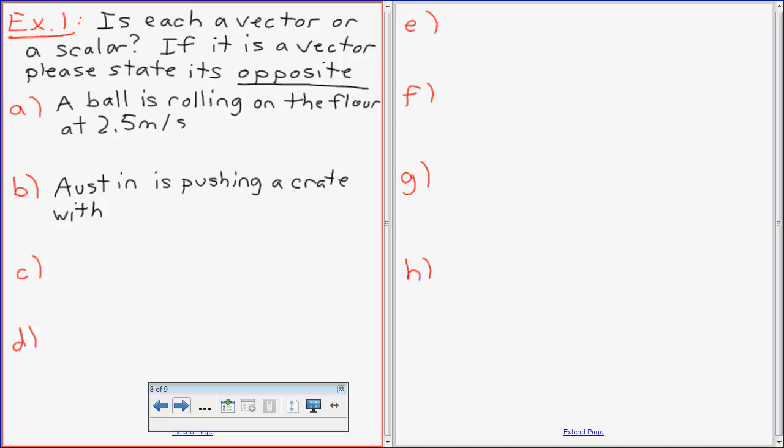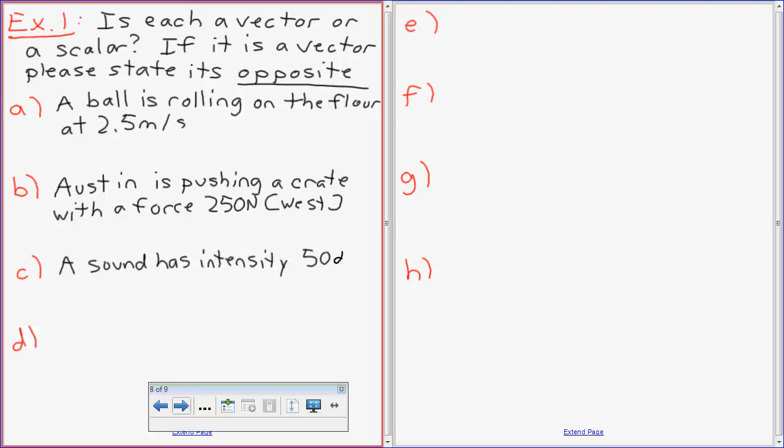C, a course of 215 degrees west. D, a sound has intensity 50 decibels. E, the train travels northwest at 115 kilometers per hour.